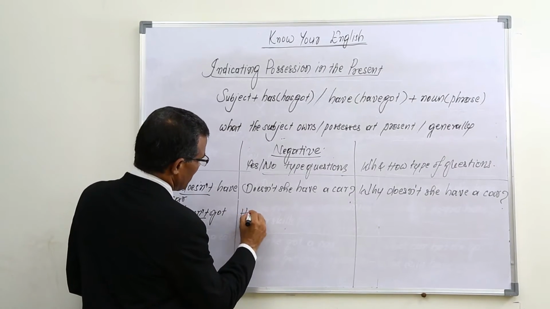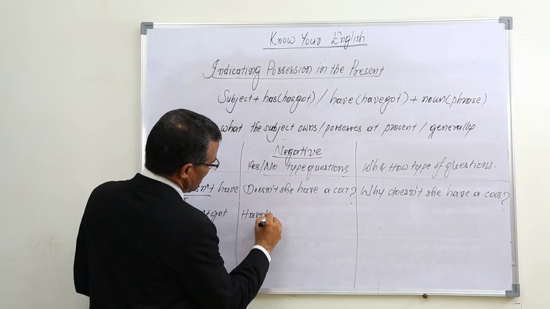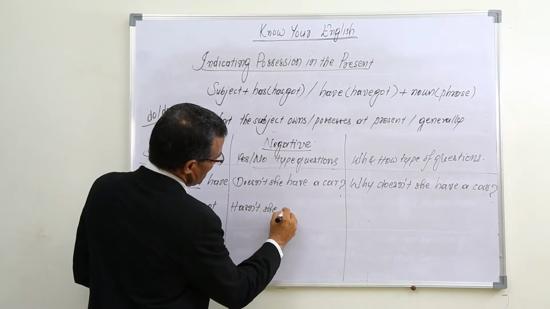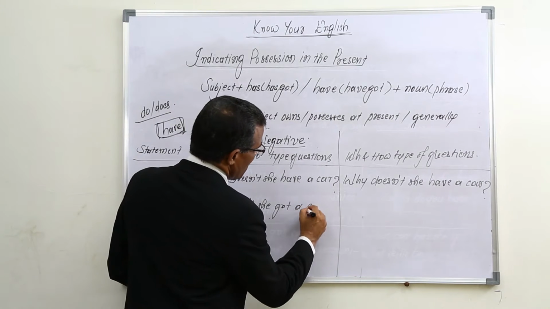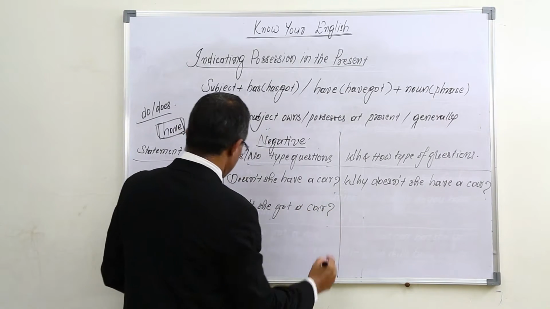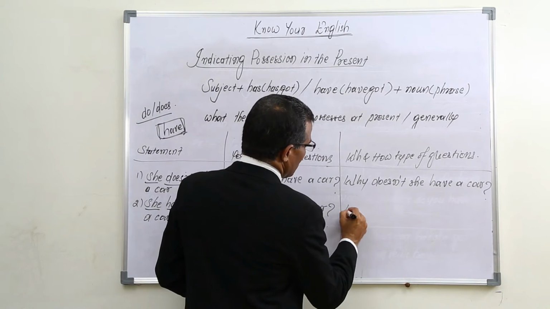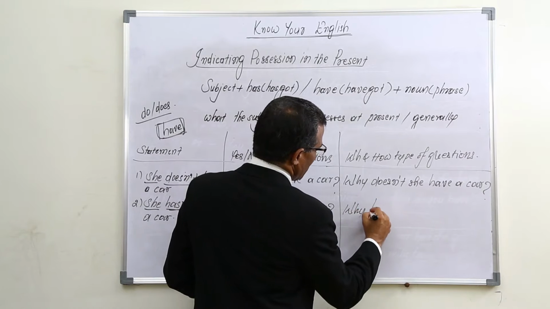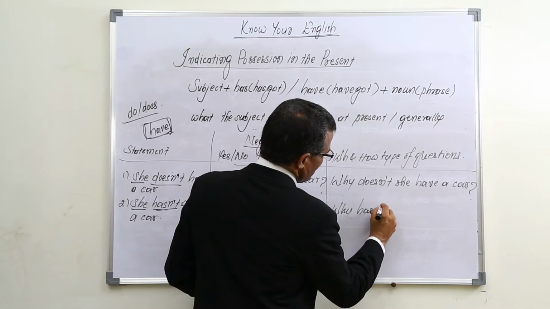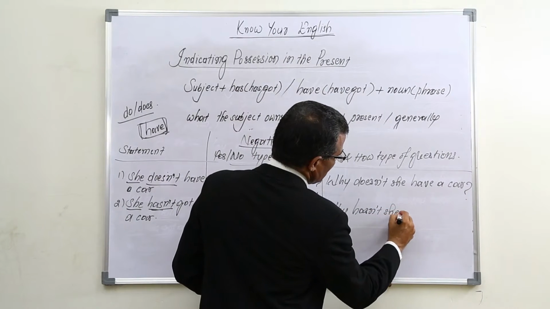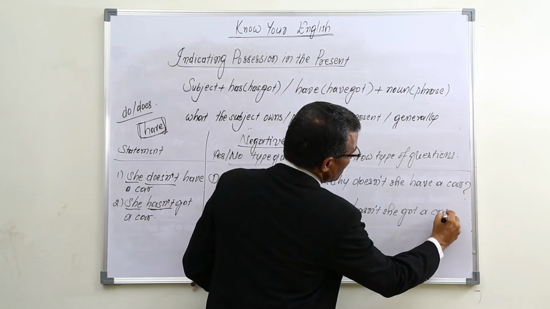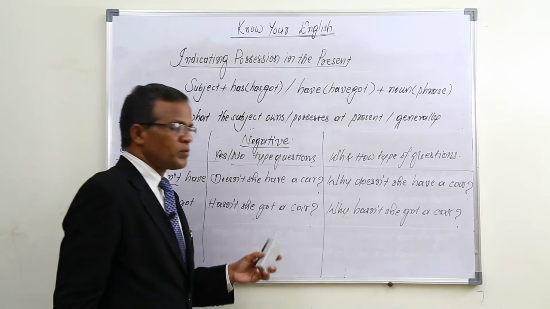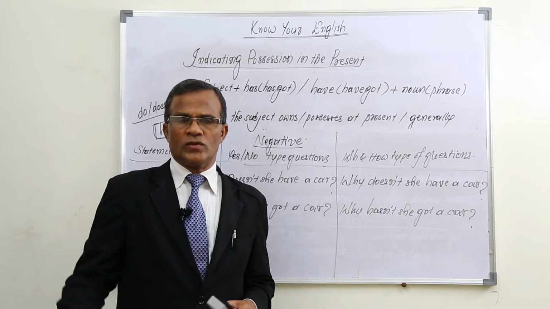Hasn't she got a car? Why hasn't she got a car? This is the way of putting a question negatively.